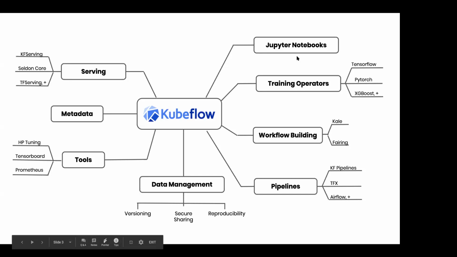Jupyter Notebook is a must-have in terms of your IDE for data scientists to prototype and build ML code. Then your training operator, taking advantage of the Kubernetes constructs to enable TensorFlow, PyTorch, XGBoost, all kinds of modeling frameworks to operate on Kubeflow, in the Kubernetes way.